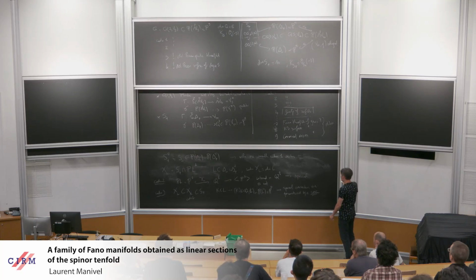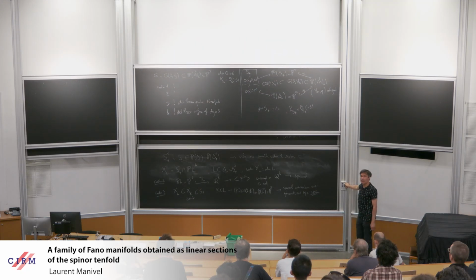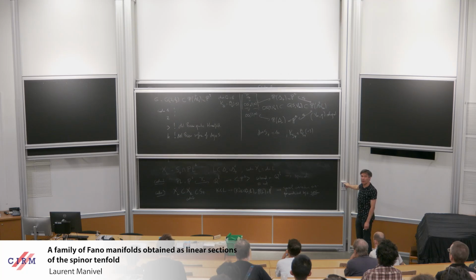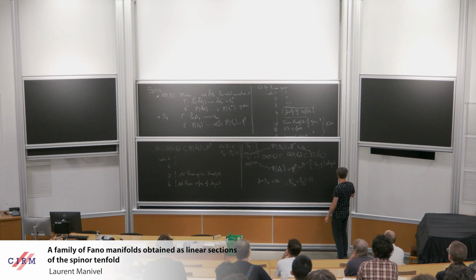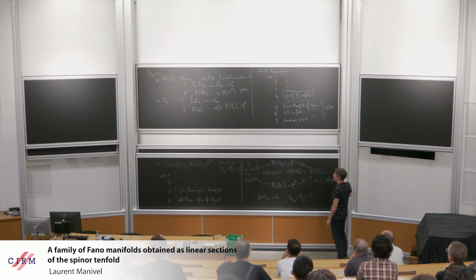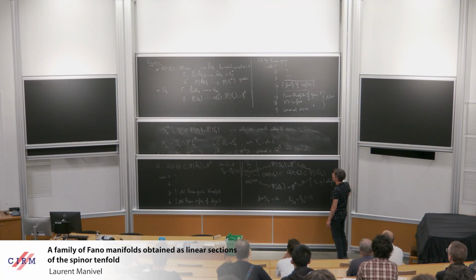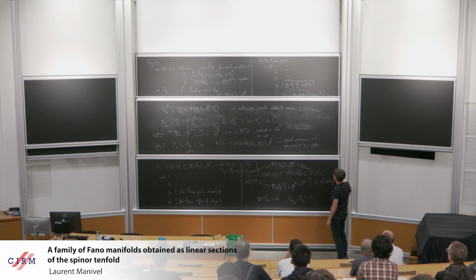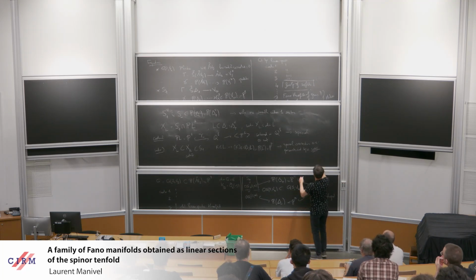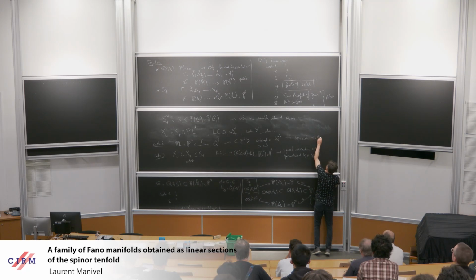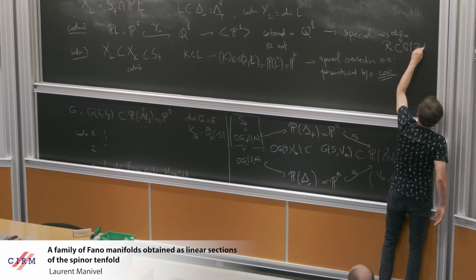I forgot to say something important, which is that being special in codimension 2 is a codimension 1 condition. So this defines a hypersurface in the Grassmannian of two-dimensional spaces in delta minus.